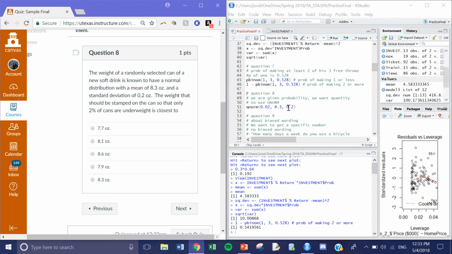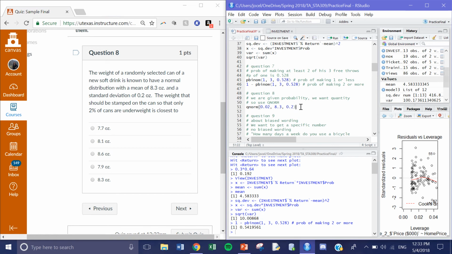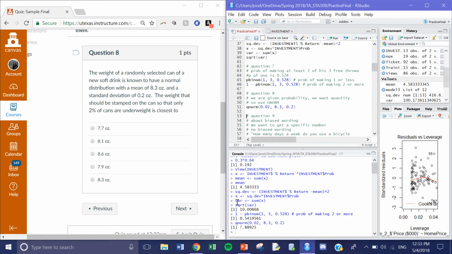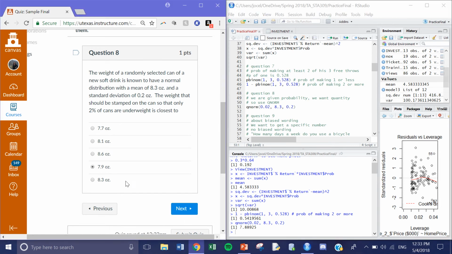This is a big hint. We're going to use qnorm. It's a normal distribution, and we're looking for a quantity. I put that probability first, which is that 2%. Then I put my mean, 8.3, and the standard deviation of 0.2. We run this, and we see that the value that should be stamped on the cans is 7.9 ounces.